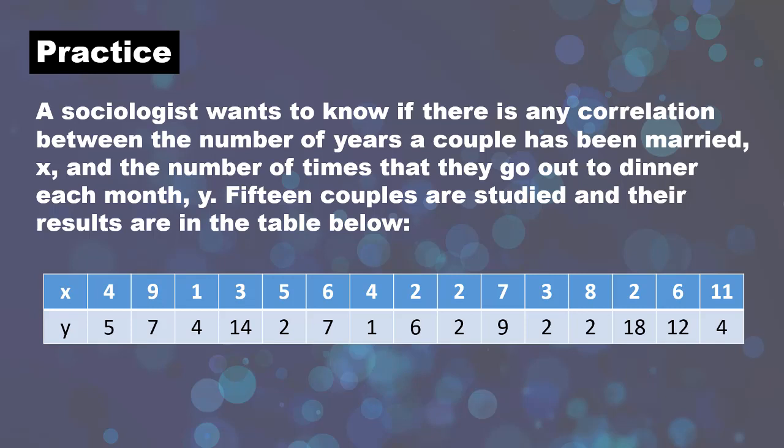Wow, they go out a lot. They probably don't know how to cook. 6 years with 12 times per month, and 11 years with 4 times per month.